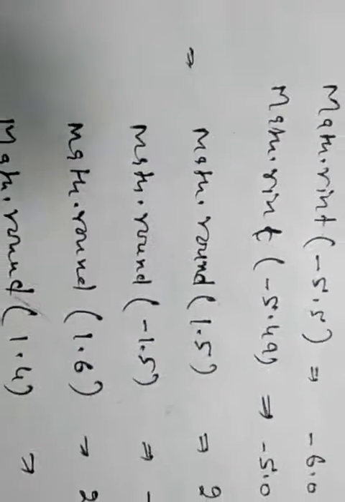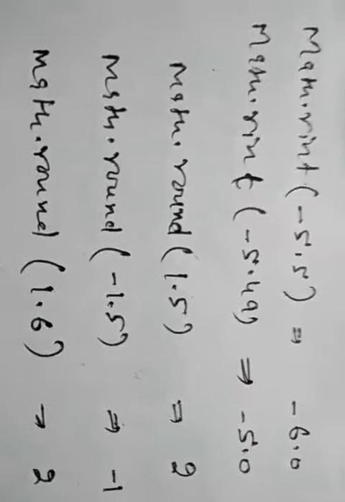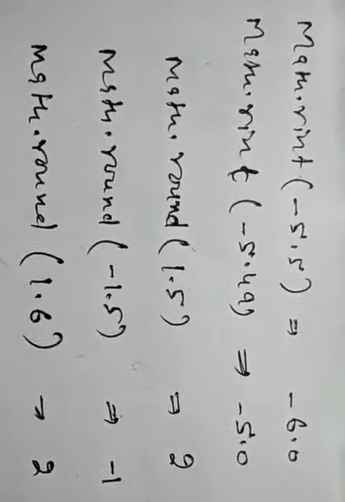Minus 5.5, so the answer is minus 6.0, and minus 5.49, then the answer is minus 5.0. So if the decimal value is equal to or greater than 5, the answer will be the next higher value.